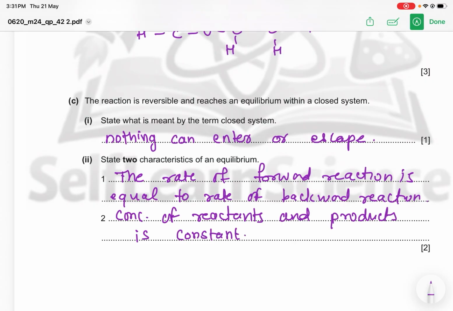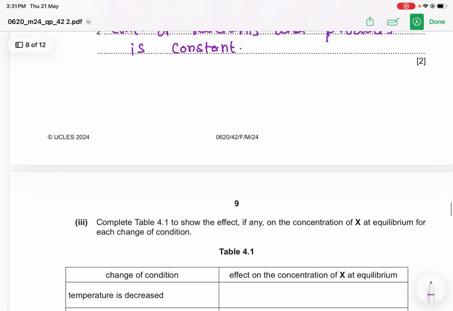Don't write equal, you can write same or you can write constant. The concentration of reactants and products is never equal, it stays the same.